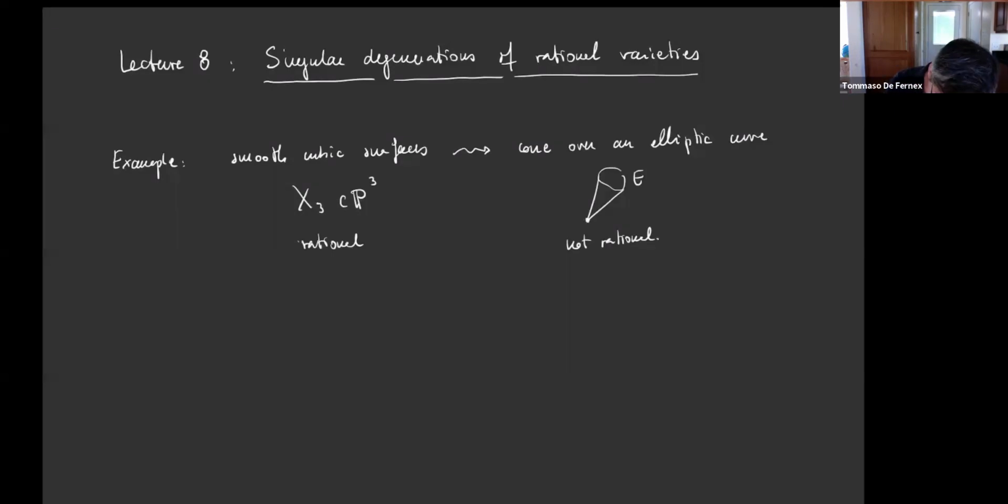I want to look at this example and try to see if there is some condition we can put on the special fiber which gets rid of this example and maybe allows us to generalize the theorem, so we can conclude that the central fiber is also rational, even though maybe there are some singularities. So I want to talk about two results in this direction. The first one is in this paper by Kontsevich and Shinder.